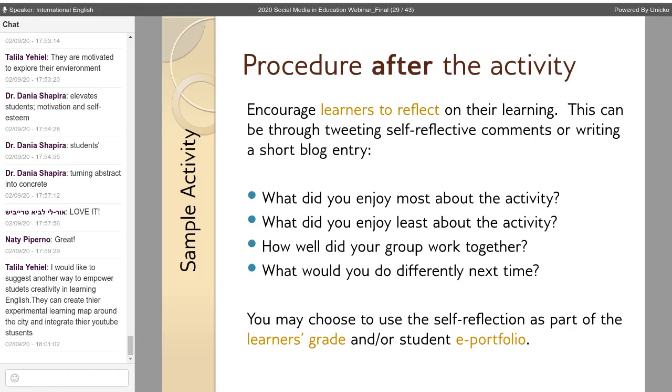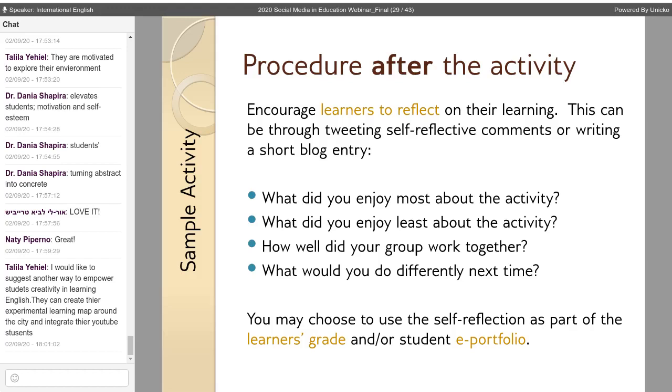How well did the group work together? And what would you do differently next time? By asking students to write a short blog entry answering these reflection questions, this will make learning more meaningful.